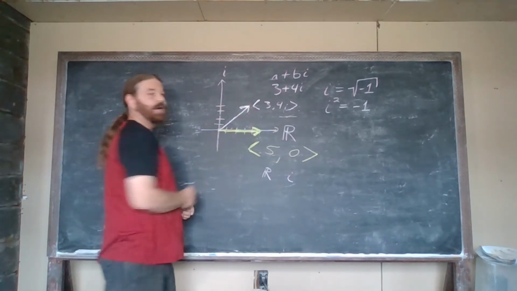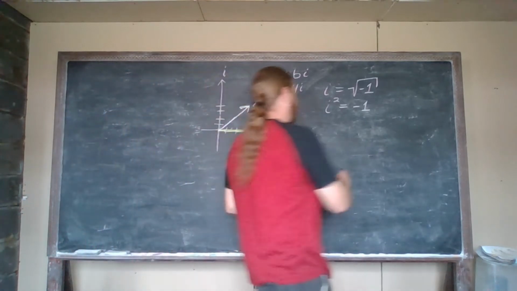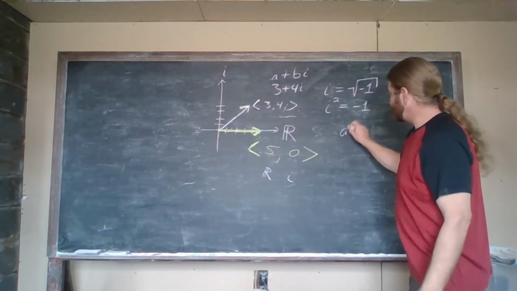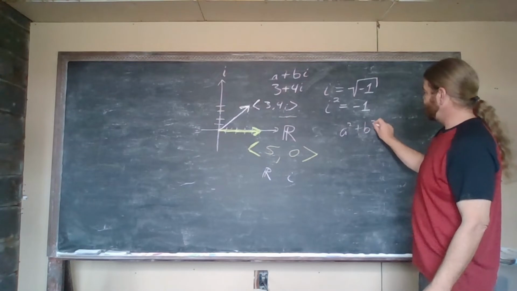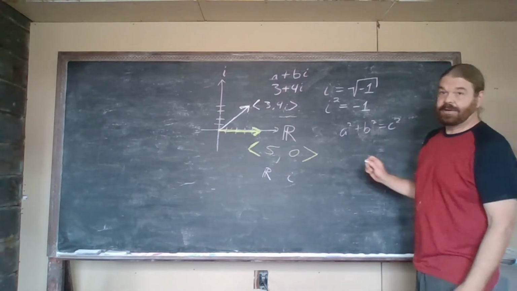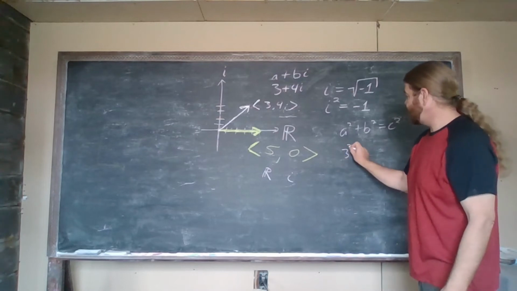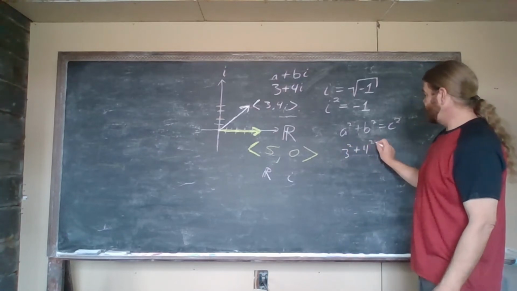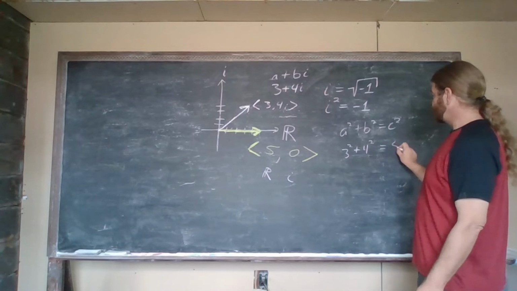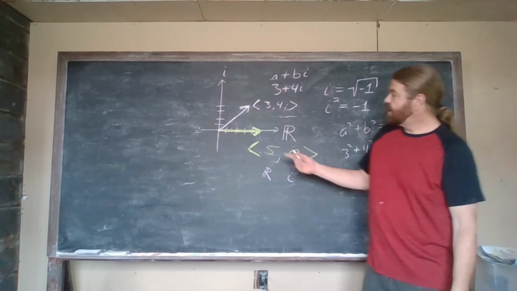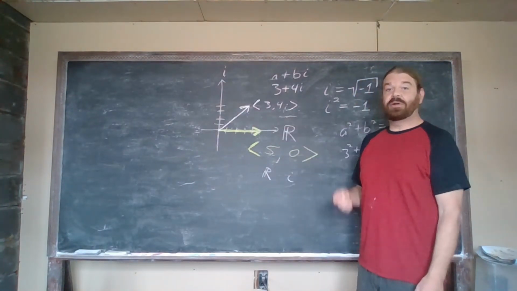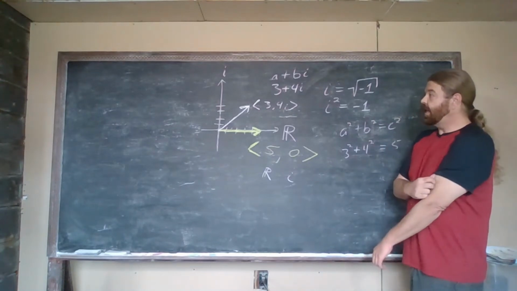We turn that into a right triangle, we get the Pythagorean theorem, where a squared plus b squared equals c squared, or in this case 3 squared plus 4 squared is going to give us 5 squared. So that's an alternative way to describe rotations.